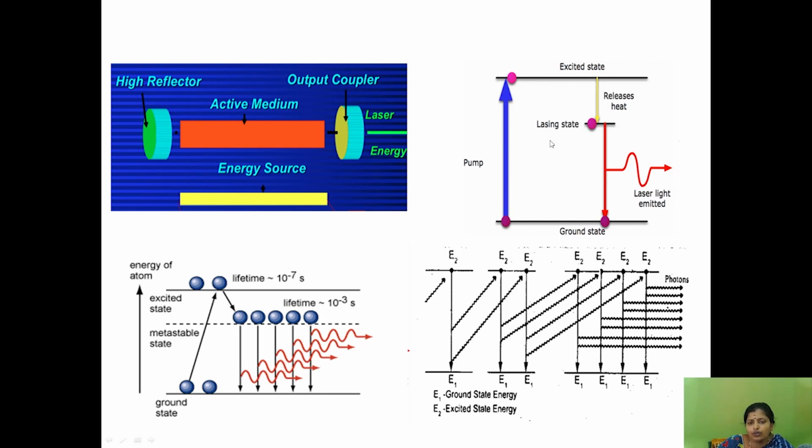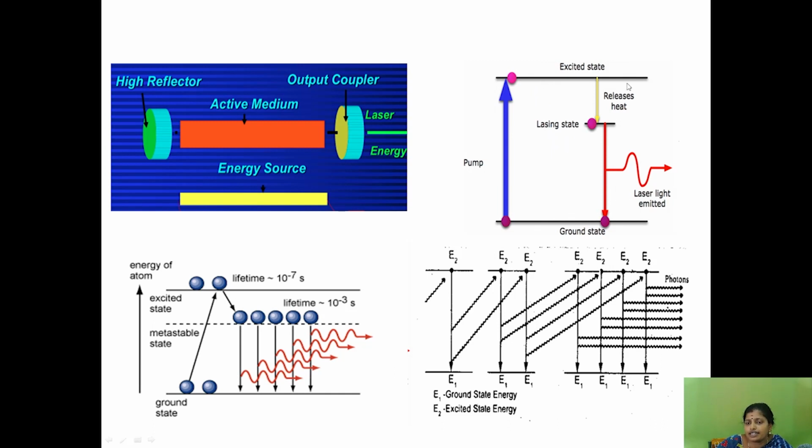Now, I have already explained the laser principle. First, the spontaneous absorption principle: ground state atoms are present here, one photon of energy is absorbed, and the atoms go to the excited state. These excited state atoms automatically return to the ground state without help, and one photon of energy is emitted. That is the spontaneous emission process.